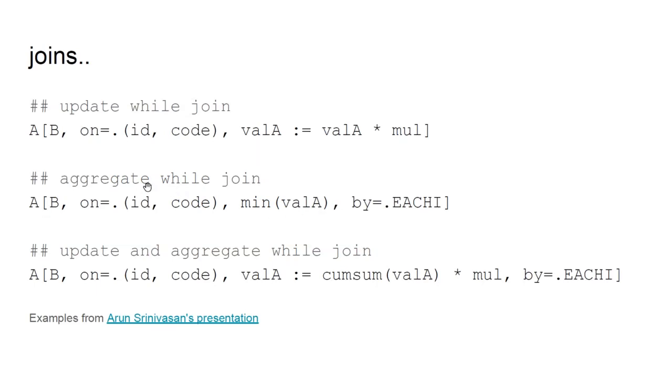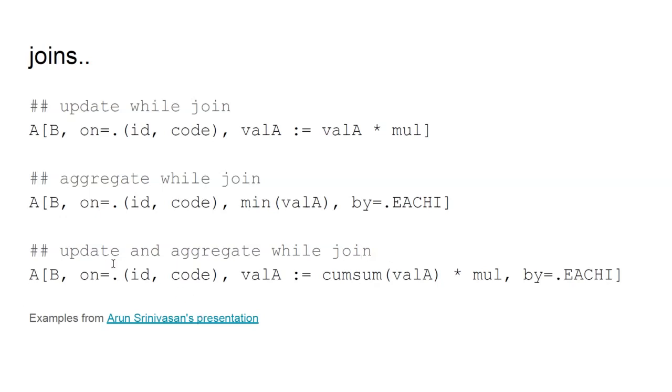With aggregate while join, we are skipping this materialization of the joined tables. And this is very useful, especially when we are using non-equi joins, because then materialization of this table can be very big. So with .EACHI in the by argument, we can skip it and perform aggregation directly during the join.